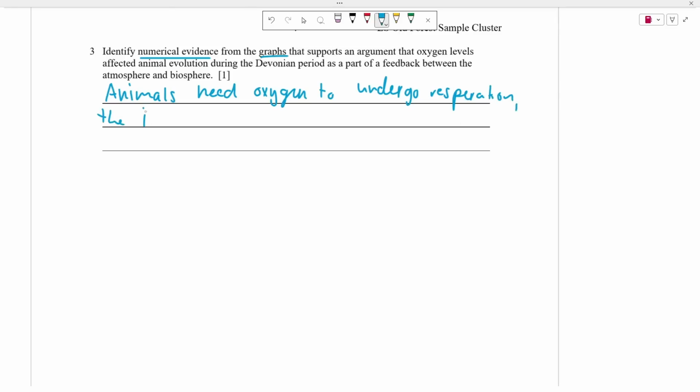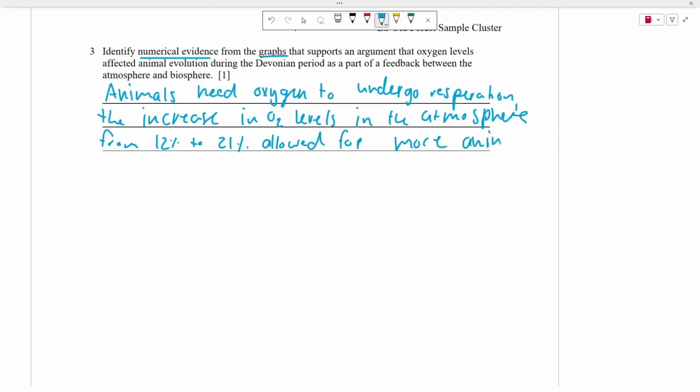The increase in oxygen or O2 levels in the atmosphere from 12% to 21% allowed for more animals to live and reproduce and thus evolve, right? We need oxygen to live. If there's more oxygen, that means that the environment can support a larger number of species.